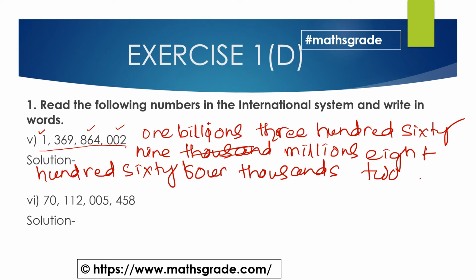And now sixth bit, 70,112,005,400,458. This is billions place, this is millions, this is thousands place, and this is hundred place.